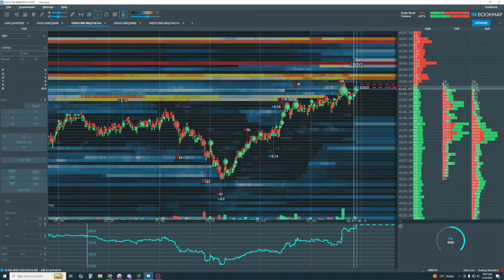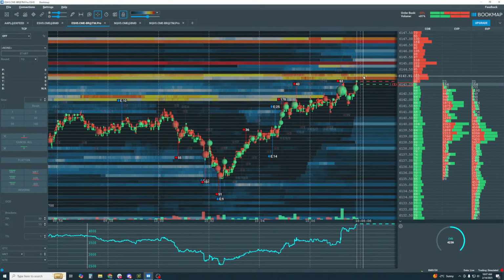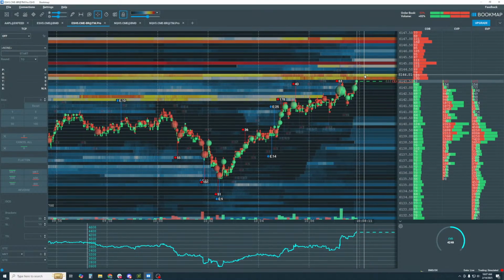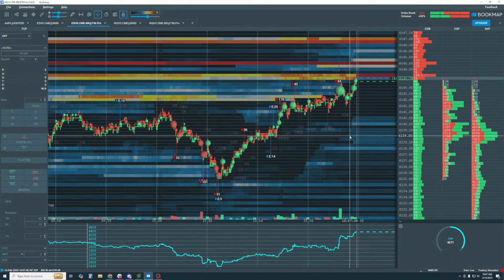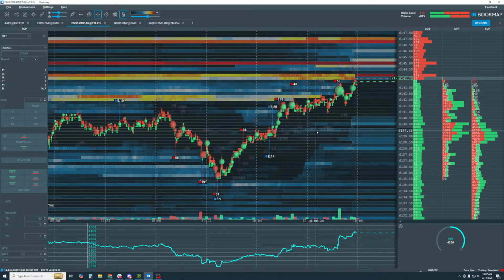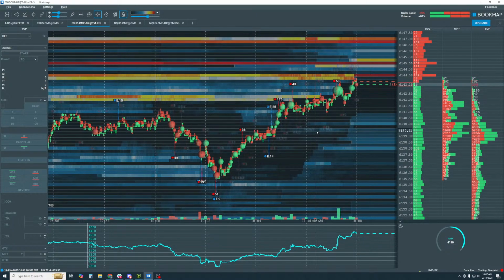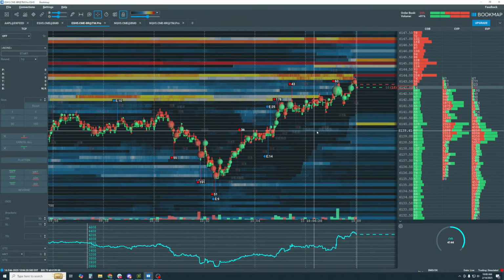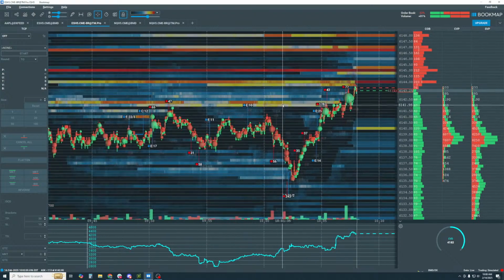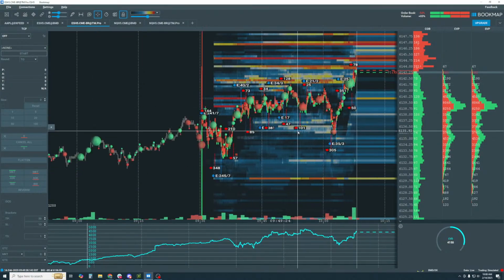All right, so yeah, we're getting our buyers here. So still going higher here. So almost up into 44, looking for it. And let's zoom out here.